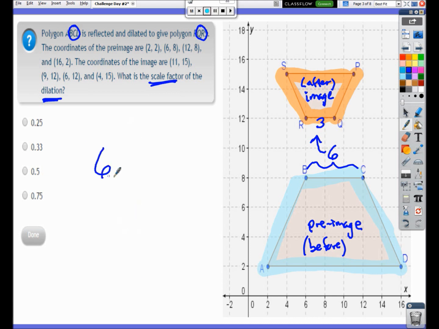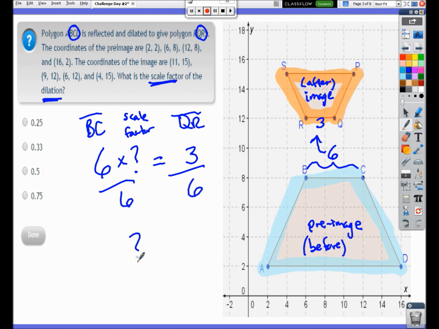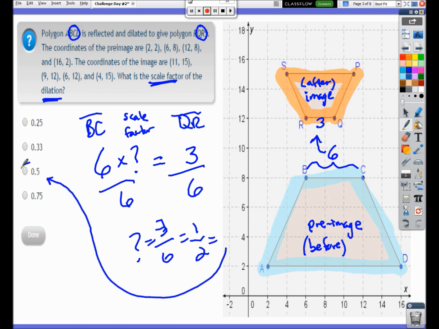So if we had a length of 6 for BC, then what would we multiply, aka the scale factor, so that we end up at a QR of 3? We could divide both sides by 6, and our scale factor is 3/6, which is 1/2, which is our 0.5.